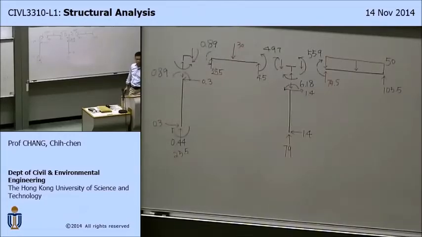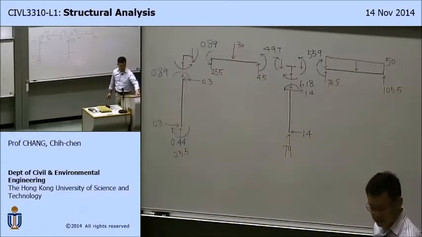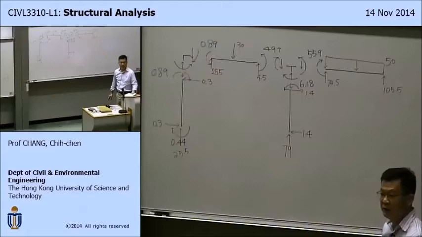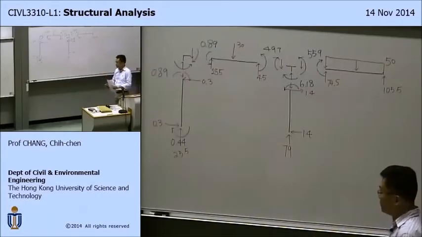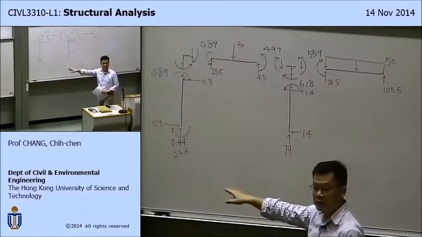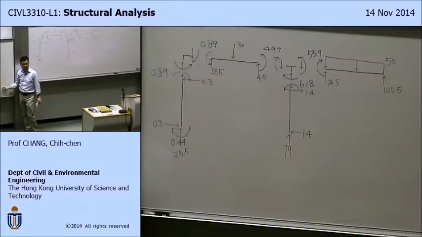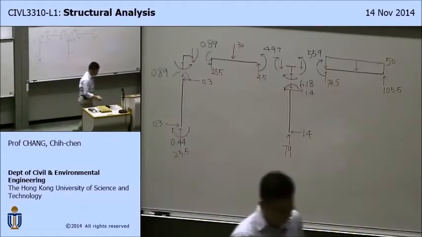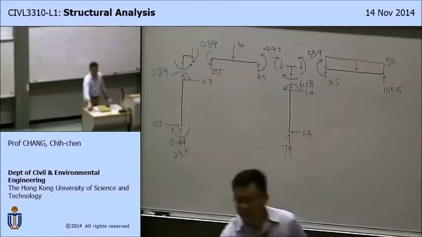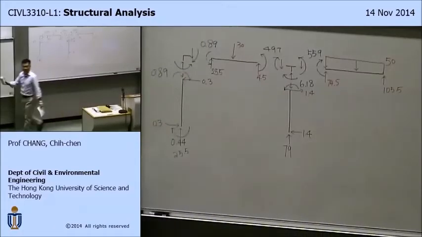Cool. So next, let's take a look at what happens if we have translations in addition to rotation angle. Any questions about this particular example? Okay, can I erase now?